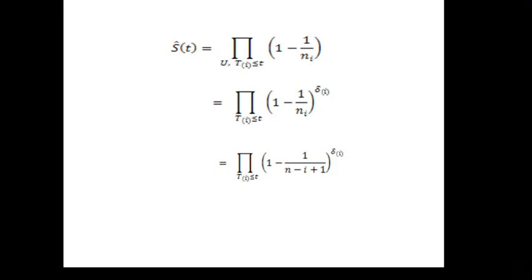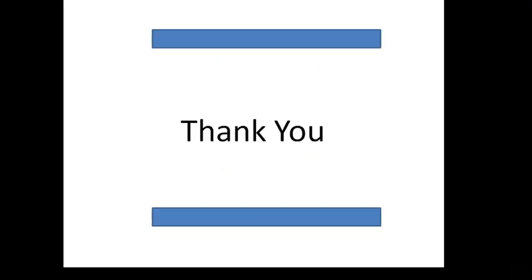By simplifying, it becomes n minus I plus 1, and therefore it simplifies to the product of 1 minus 1 upon n minus I plus 1 raised to delta. So this will be the estimate of the survival function at time point T, and this is the Kaplan-Meier estimator of the survival function. Thank you.